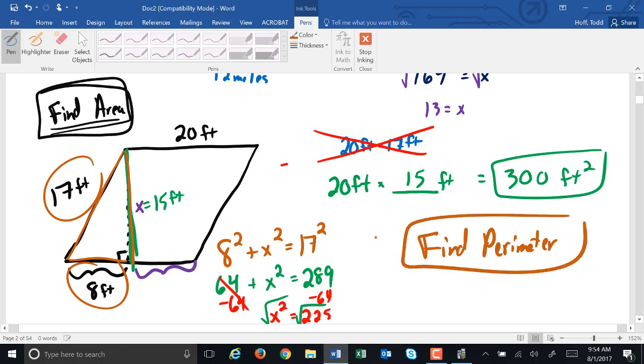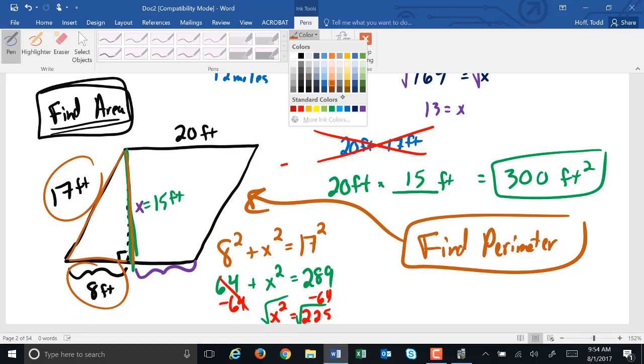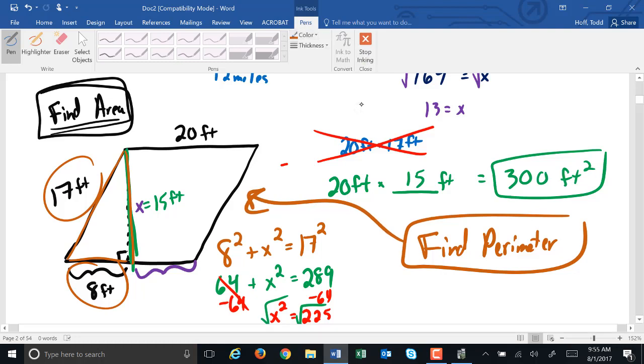What if I asked you to find the perimeter of that object? It's going to be 20 feet for this side. Do I use the 17 or the 15? The 17. Because when I find perimeter, I'm just adding up the sides.